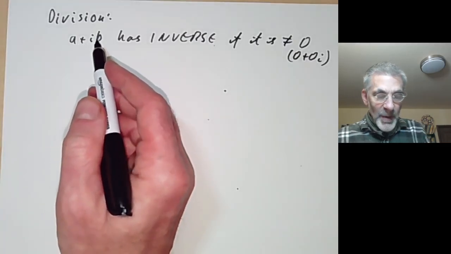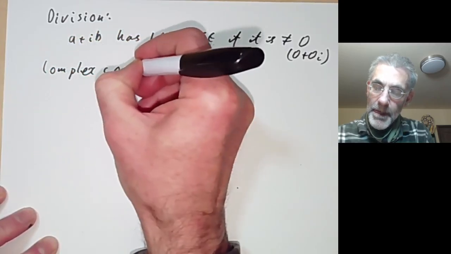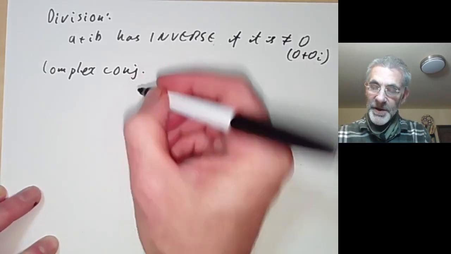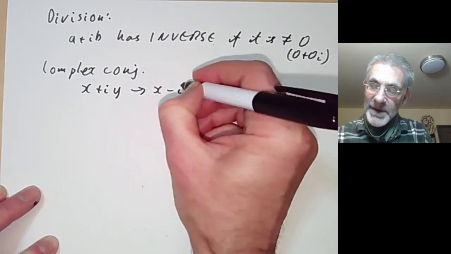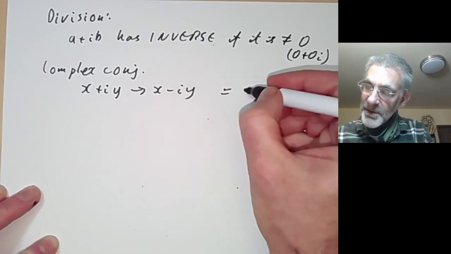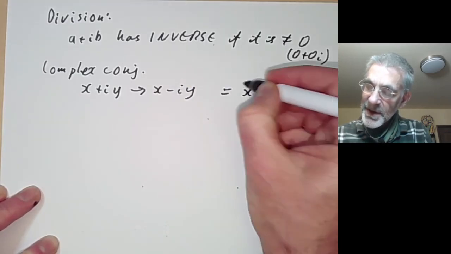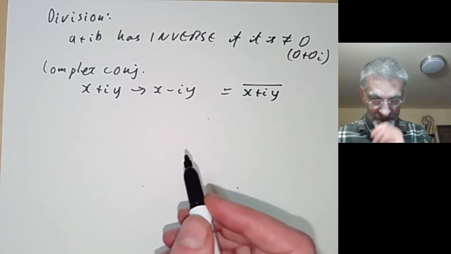And to do this, we're going to use complex conjugation. So complex conjugation takes x plus iy to x minus iy, and it's denoted by putting a bar over x plus iy. So this overline means complex conjugation.